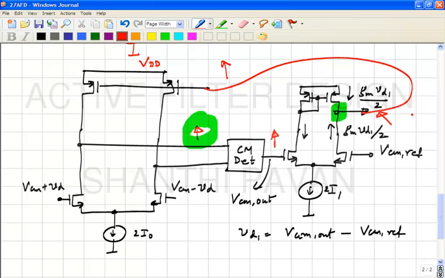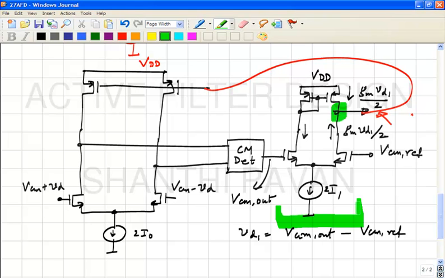Okay, and this is VDD. All right, this is the simplest thing you can do for the error amplifier. Correct?